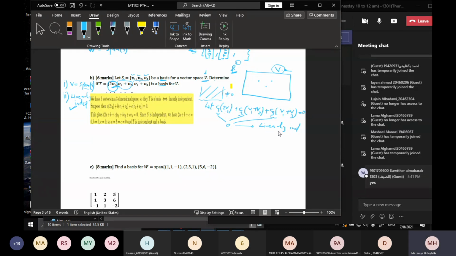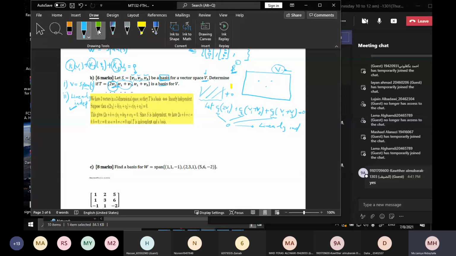So how can I go? Is there any information I can use? Yes. He told me that these vectors here are bases. That means for any real numbers K1 times V1 plus K2 times V2 plus K3 times V3, if it is equal to 0, then all the K's should be equal to 0.